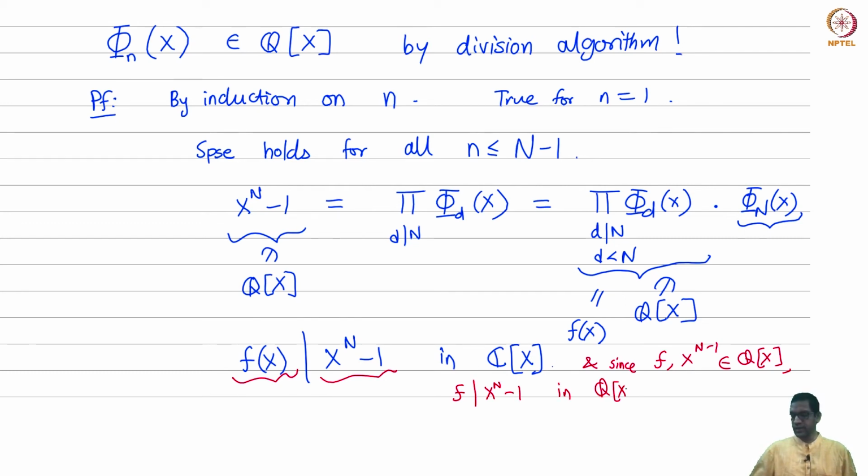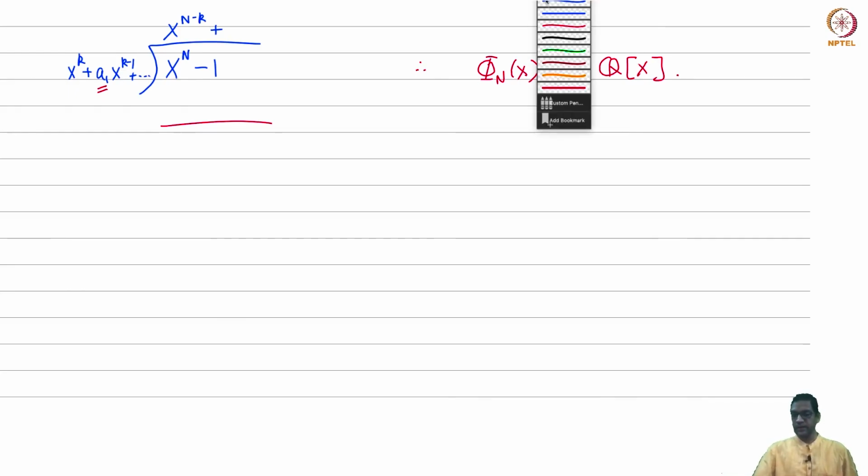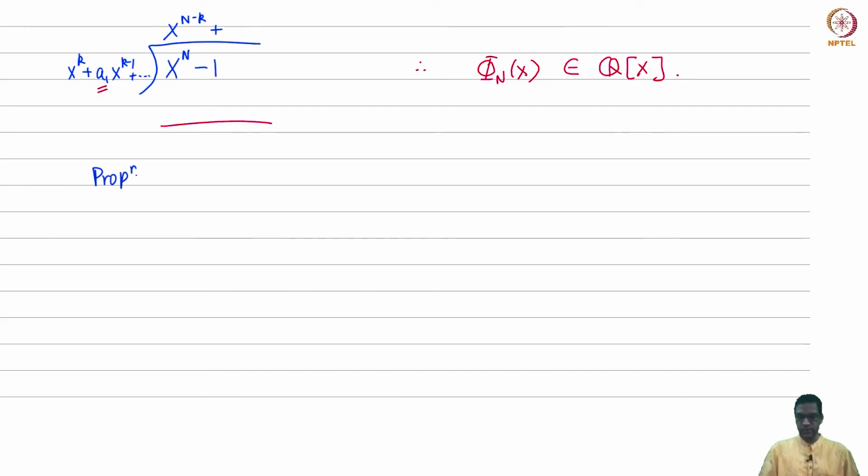In other words, the quotient is actually in Q[x]. Okay, so what does that mean? Therefore, we have concluded that phi n of x has rational coefficients. Okay, so that's an important simplification. But in fact, there is something more, and this is rather remarkable. There's a little proposition here that actually these polynomials have integer coefficients.